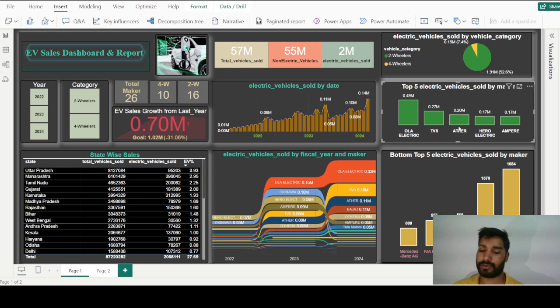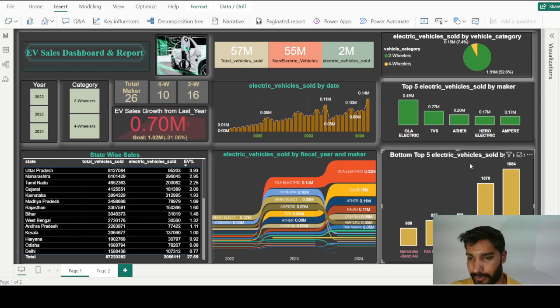So these are the top 5 EV sales makers, and these are the bottom 5 EV sold: Mercedes Benz, Kia Motors, Volvo, BMW India, PC Automobile.